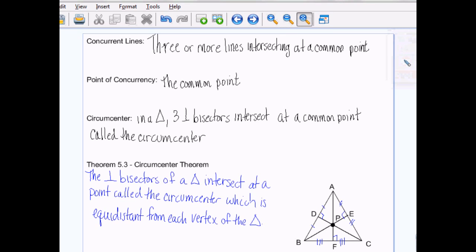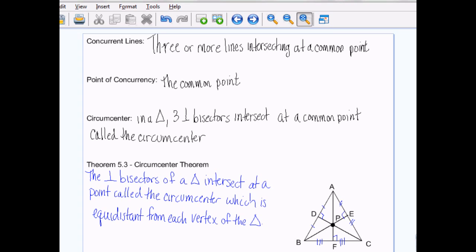Okay, so you have the 3 perpendicular bisectors of the triangle. They intersect at a point that's called the circumcenter. And the circumcenter is equally distant to each of the corners, the vertices of the triangle.